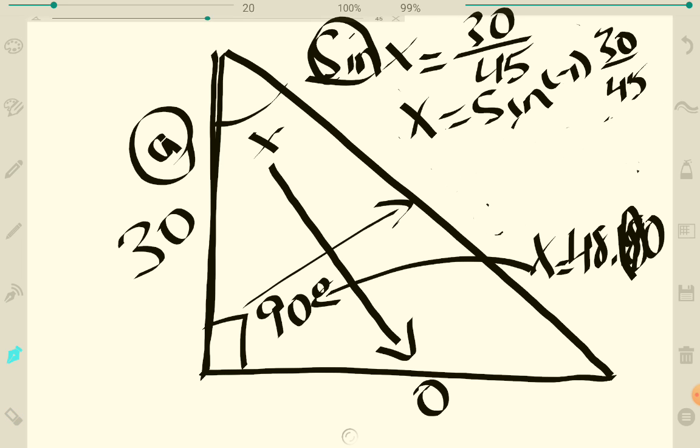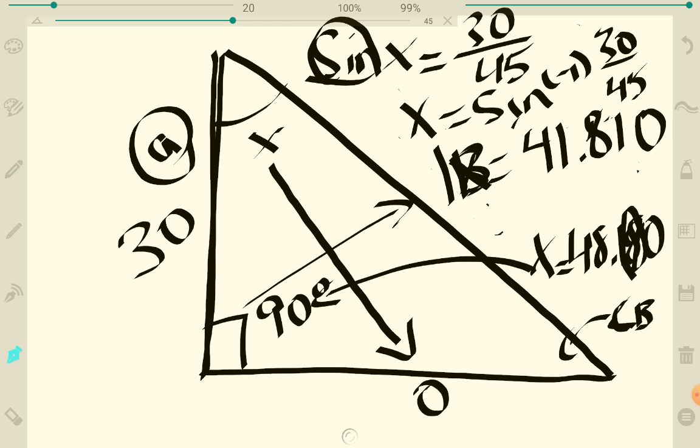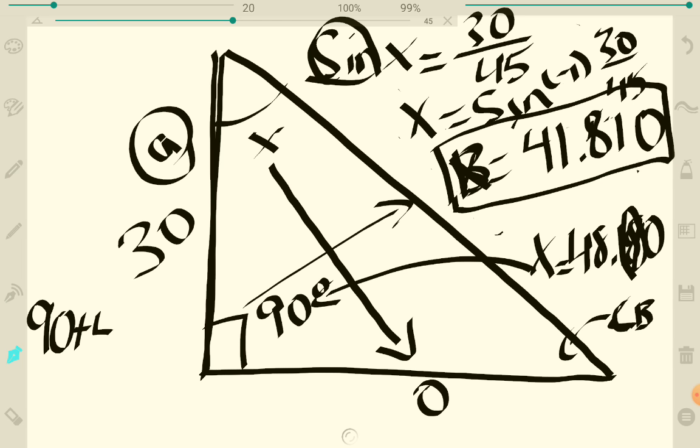And when we do that, we should get x equals 41.8, and this right here would be angle B. And if you want to check, you can go in and type 90 plus 48.190 plus 41.810.